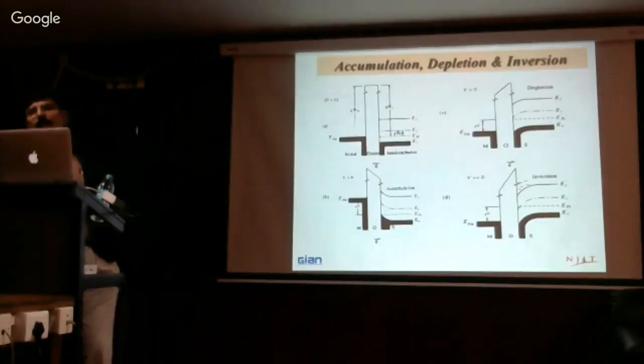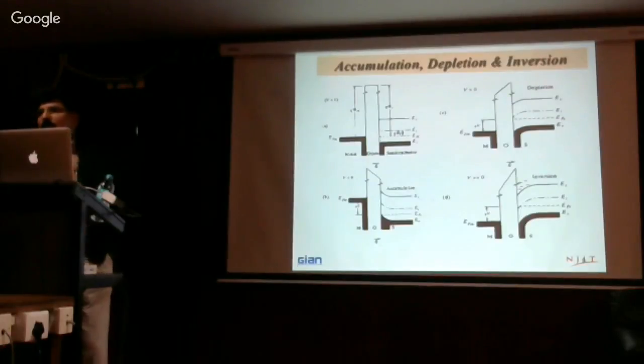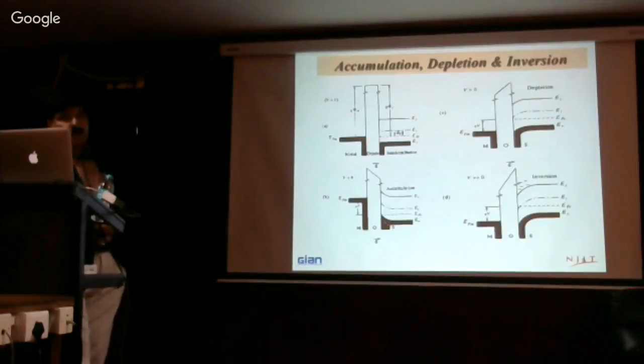What is the Fermi level? The Fermi level is just a statistical distribution of electrons. Now, in accumulation, because you have more holes, this represents the surface only, initially at the interface. It's very close to the valence band. Now, when you do the depletion, the band bends the other way.